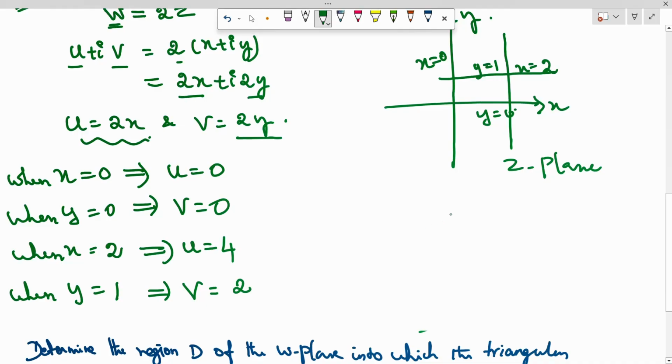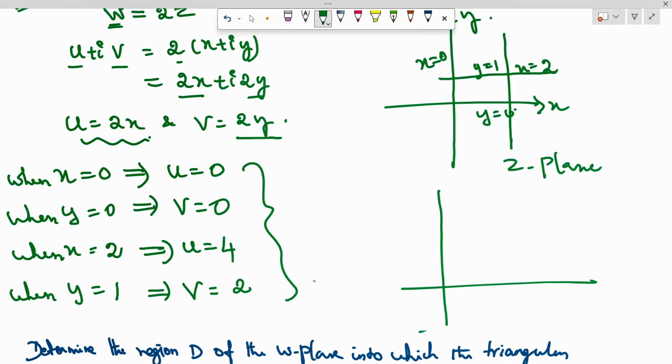Now we are going to draw the w-plane image using these u and v values. u-axis, v-axis.